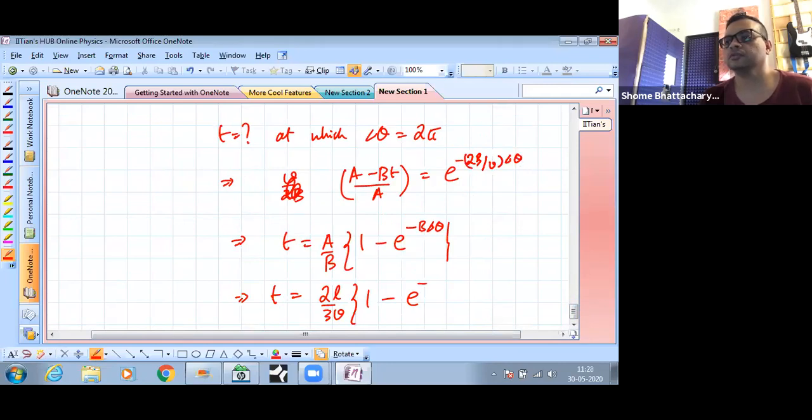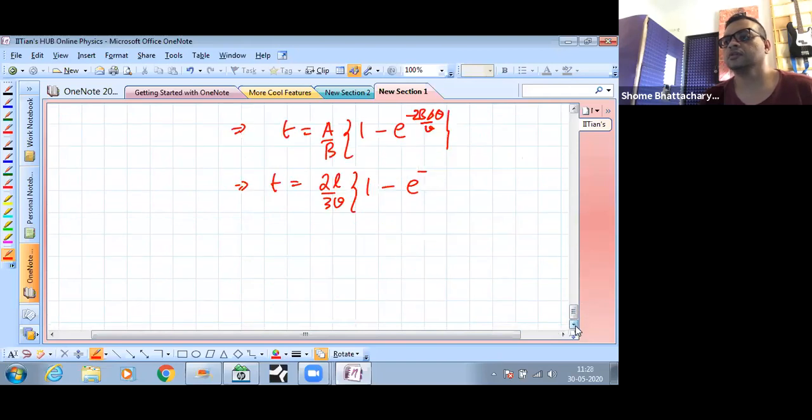So that 2b by v will become how much? b was root 3 by 2 v.